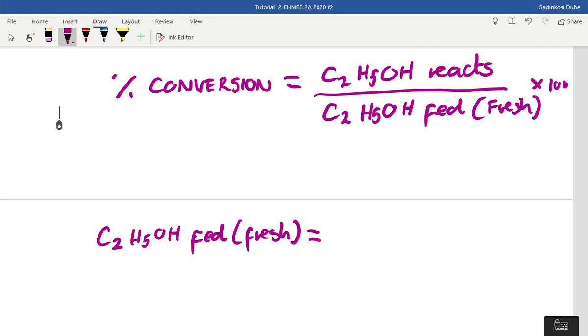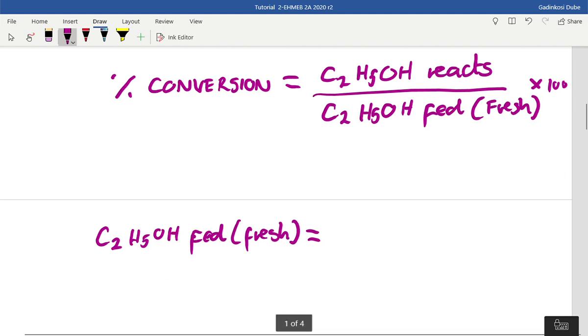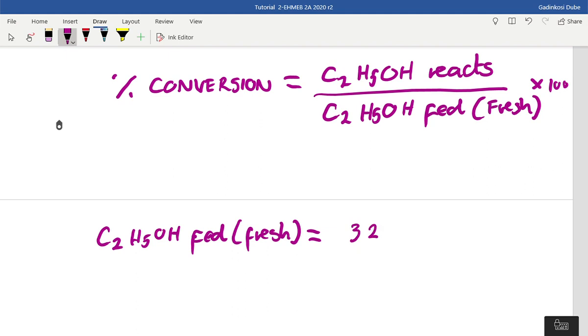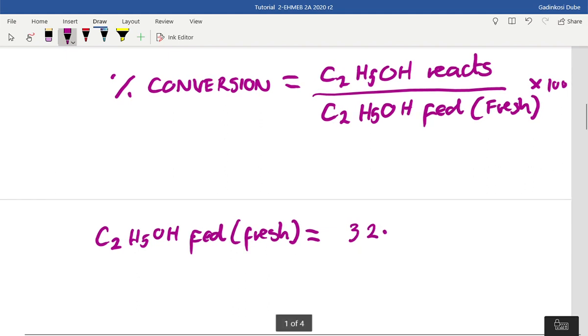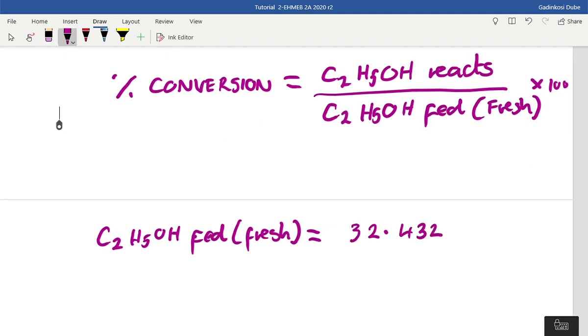Now in the fresh feed you've got 32.432 moles, because that's the moles reacting. Because we said all the alcohol reacts, the 32.432 moles is the same as 32.432.